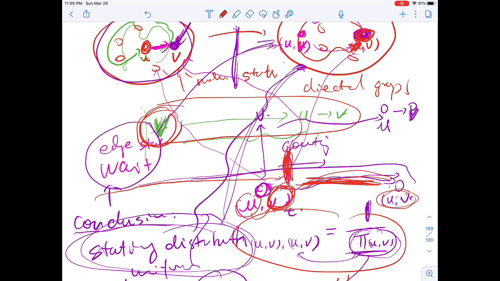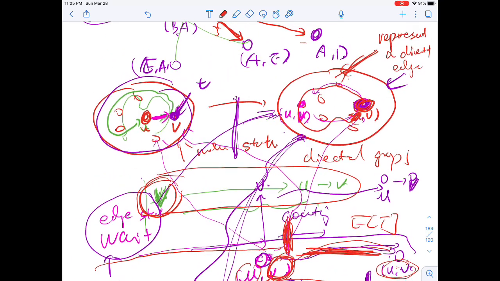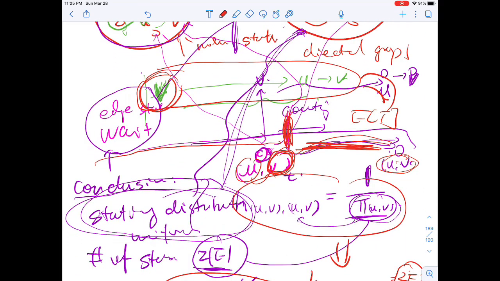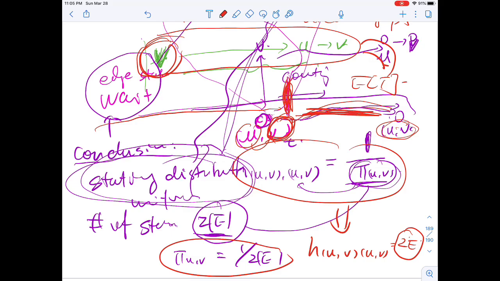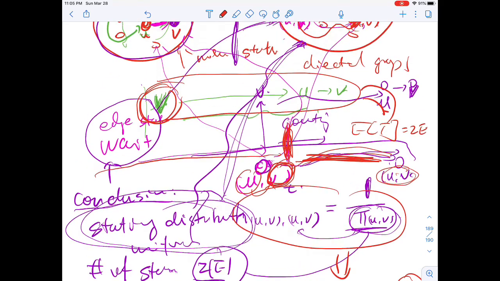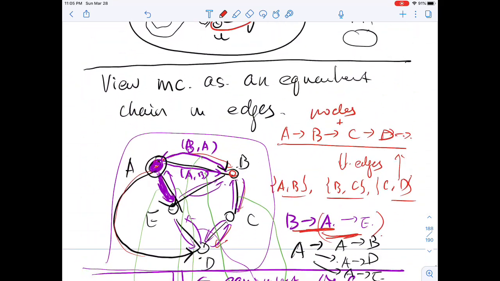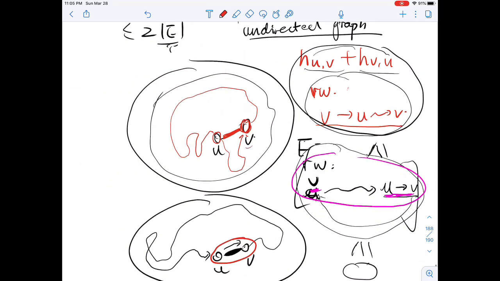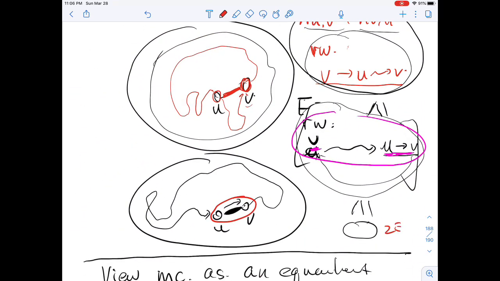So that really means that this expected time is the same as the expected time we are looking for. And just now we showed that this expected time is going to be 2e, right? And that's the reason that, at the end of the day, this one is going to be less than or equal to 2e.